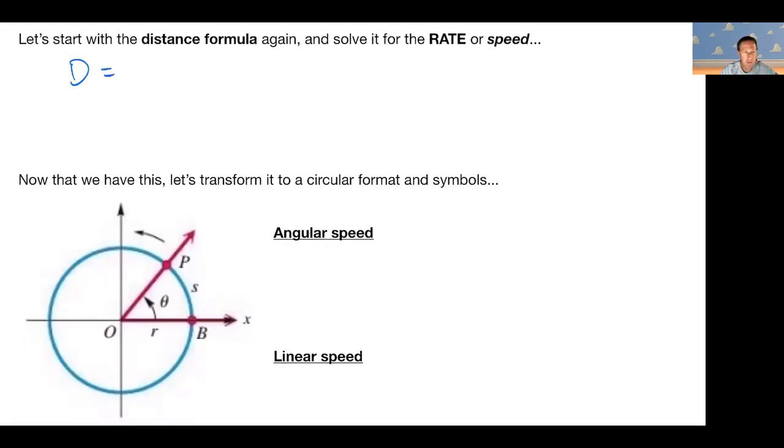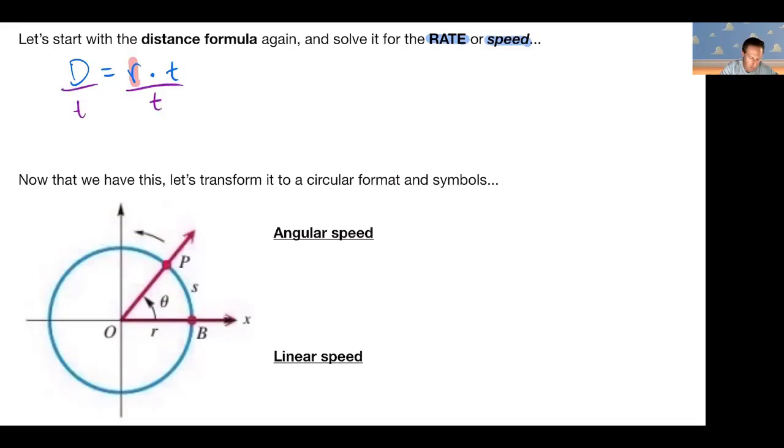To find the distance, you need the rate that you're traveling, or speed, times the time. For example, one we're most accustomed to using is miles and hours, so a lot of times we'll get a speed in miles per hour. But we've got to make sure we find what we want, and in this case, it is the rate or speed. So we're going to solve this for r. How would we solve for r?